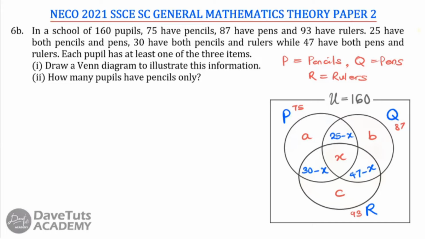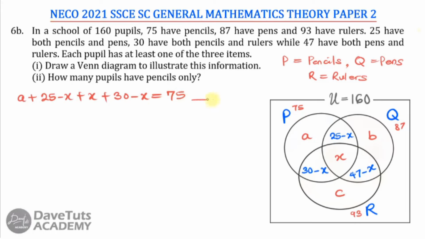In the first case, for the number of P, we have A plus 25 minus X here, 25 minus X plus this X, then plus the last region, 30 minus X. The total of them is the number of pupils having pencils, which is 75.